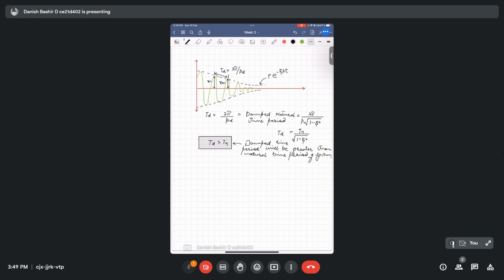And one more thing we will see for the circular frequency. Initially, we designated pd as equal to p times under root 1 minus theta square. Since theta is less than 1, under root 1 minus theta square is less than 1.